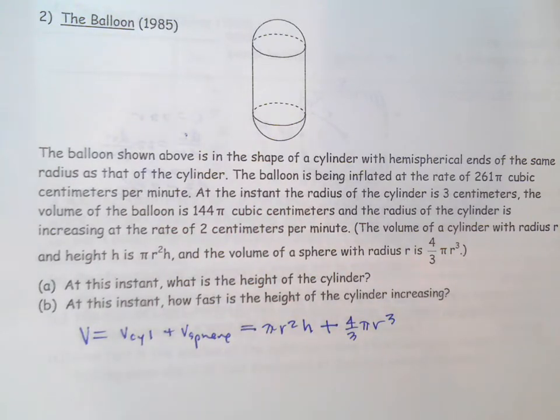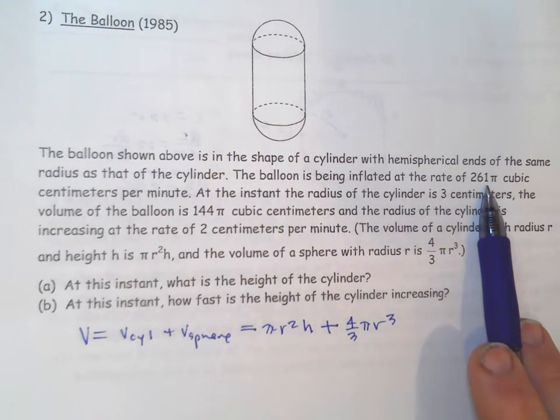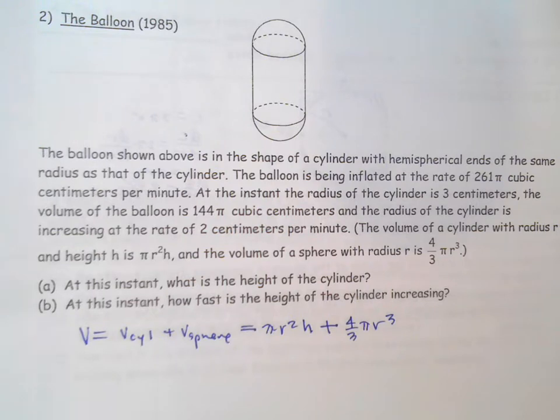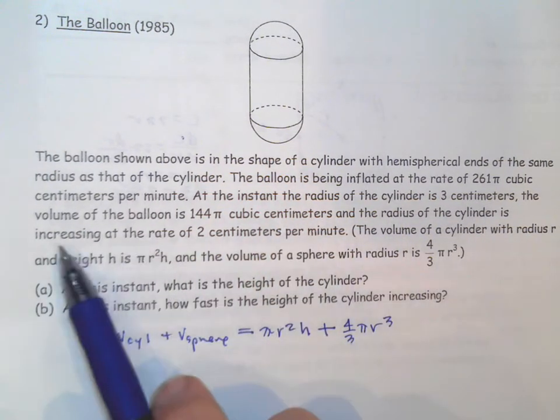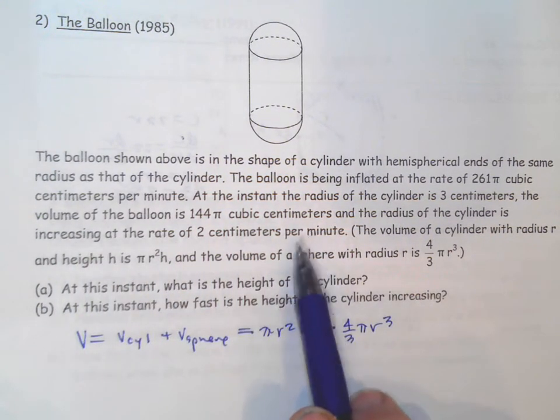So you're going to need dr/dt also, and dV/dt. You have dV/dt. We gave that to you. And I think they also gave you dr/dt. It says the radius of the cylinder is increasing at a rate of 2 centimeters. So you have dr/dt too.